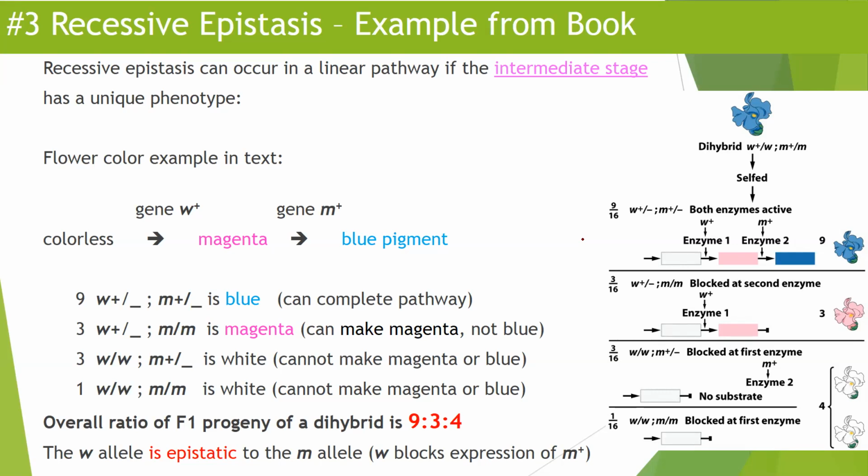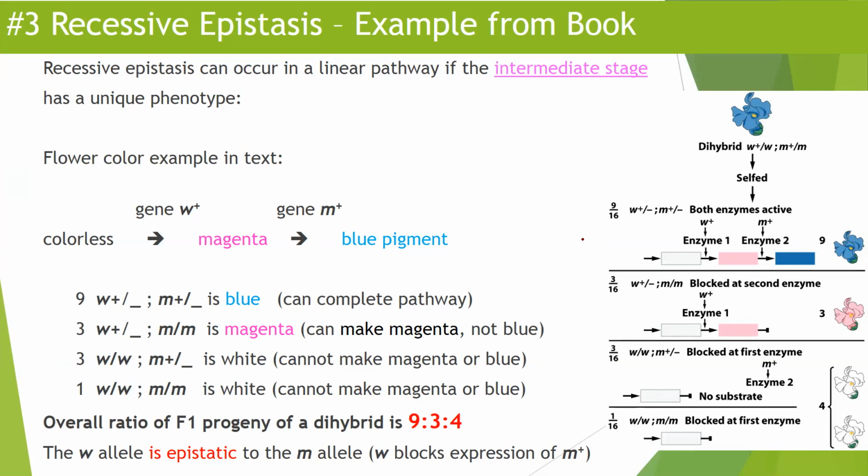After that, we started talking about the relationship or interaction between two different genes. We start from the basic one. If there's no interaction between two genes, then we're going to see the classical 9:3:3:1 ratio, if these two genes are independently assorted on different chromosomes and they do not interact in any form.